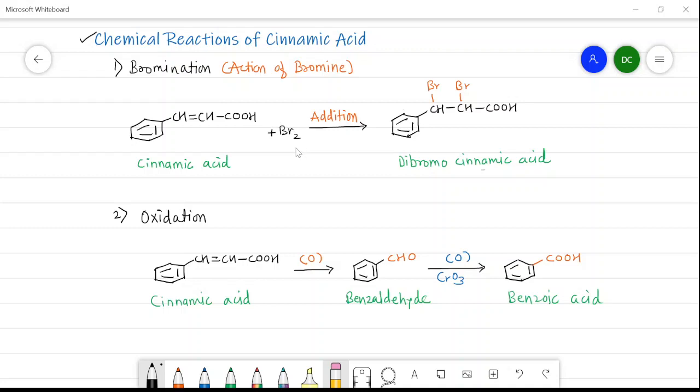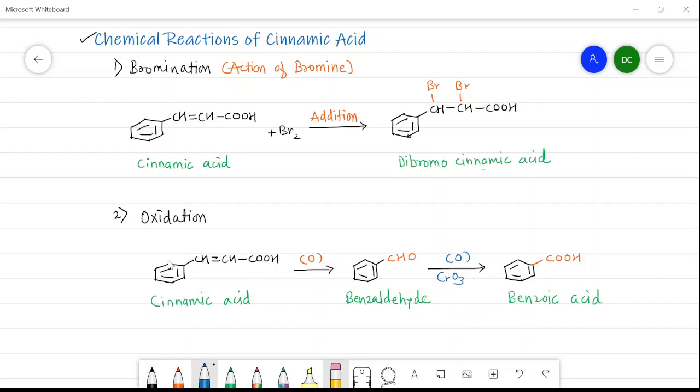So it is useful in compound detection. Cinnamic acid, when treated with bromine, gives dibromocinnamic acid as a product.